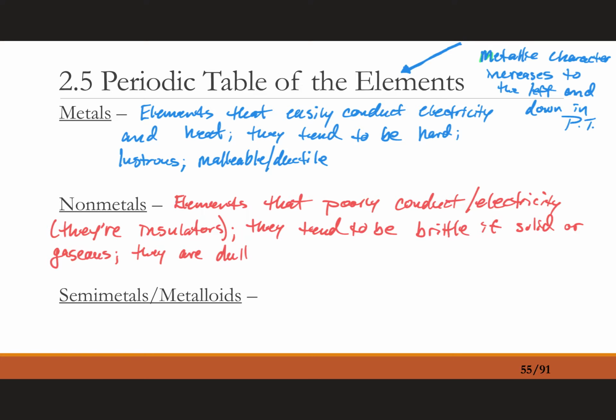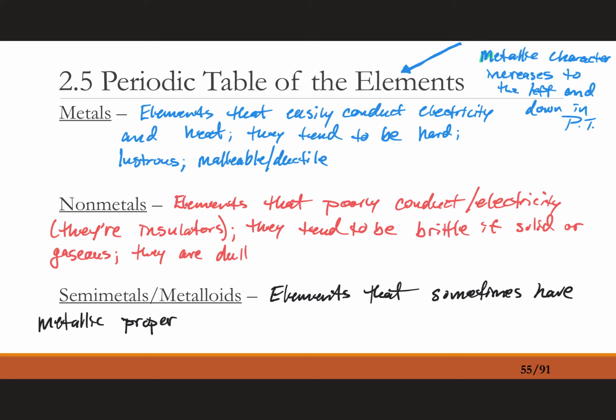All right, so semimetals, also called metalloids, these are elements that are just in between metals and nonmetals. What I would say is here, they sometimes have metallic properties and sometimes properties of nonmetals.